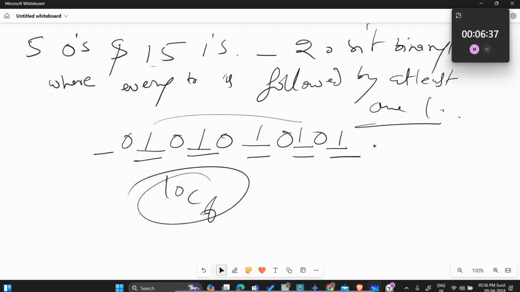So what we are doing here is 10 factorial over 4 factorial 6 factorial, so 24 factorial.